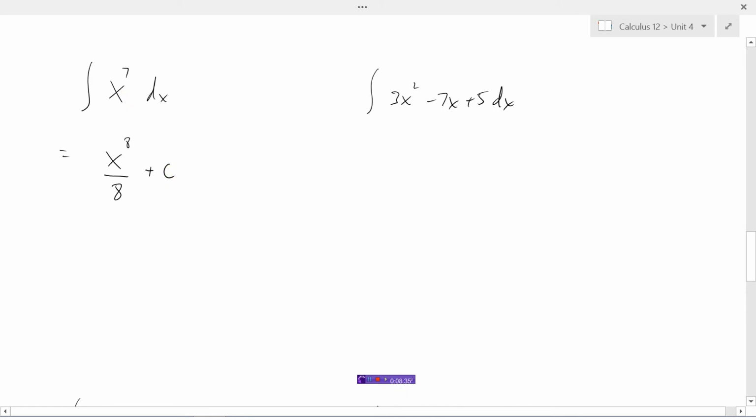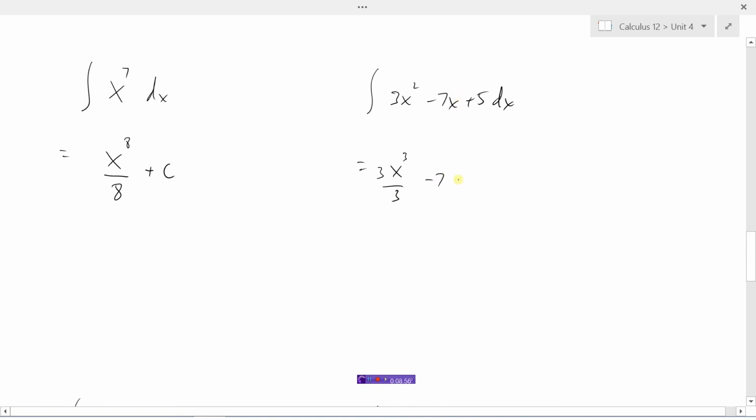So that one's fine. And then here we have a polynomial, 3 terms, a trinomial. And so we can really just integrate each term separately here. So this would be add 1 to the exponent, divide by the exponent, minus 7.